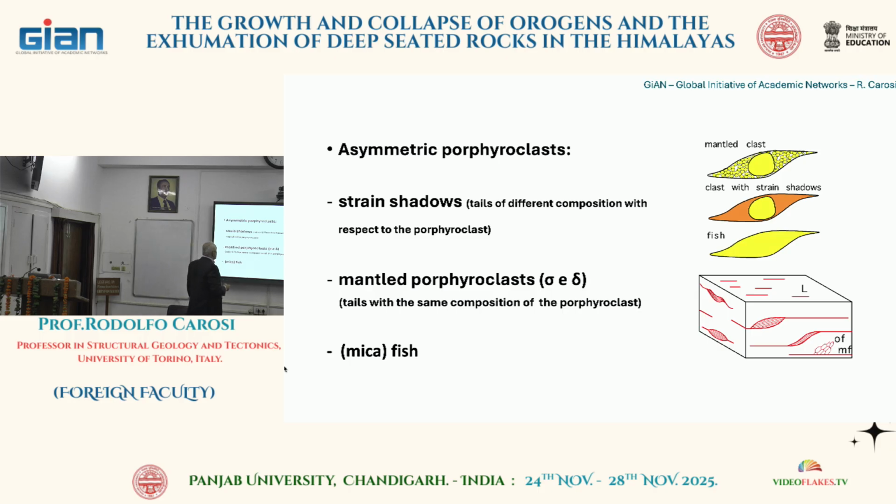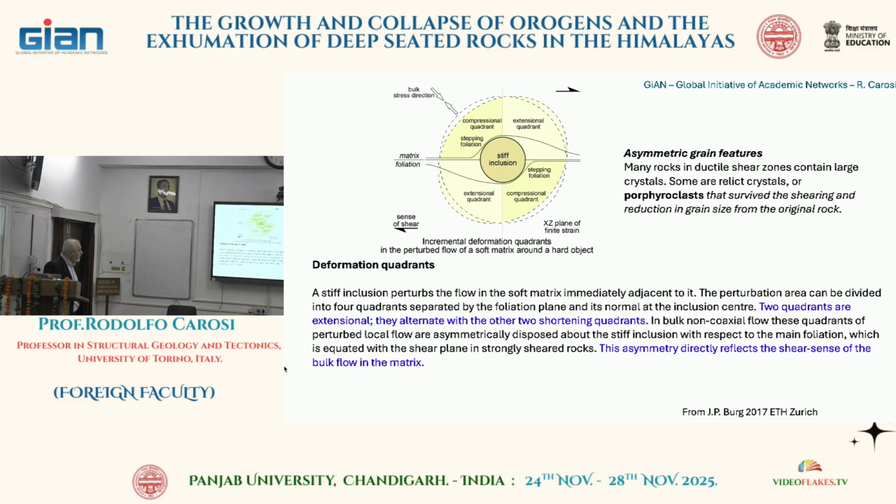And the other asymmetric porphyroclast is a mica fish, a crystal of mica with an S shape. It is a beautiful kinematic indicator, especially in granitic rocks deformed in simple shear and so on.